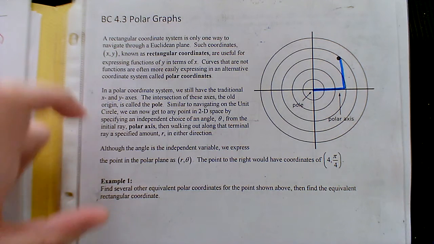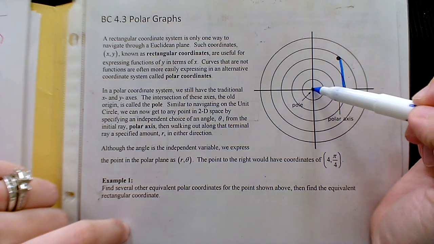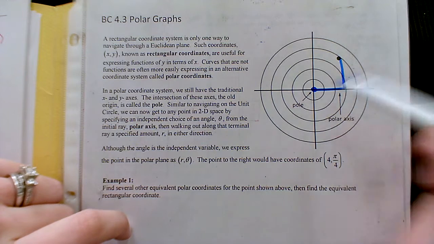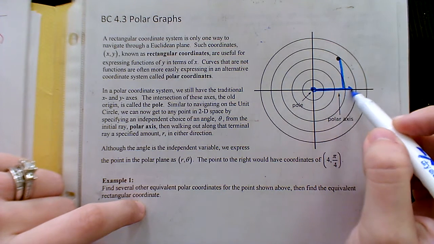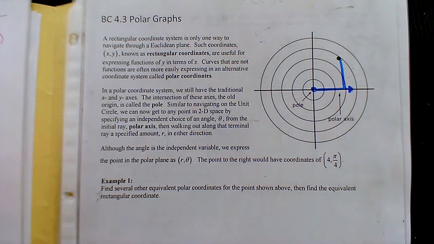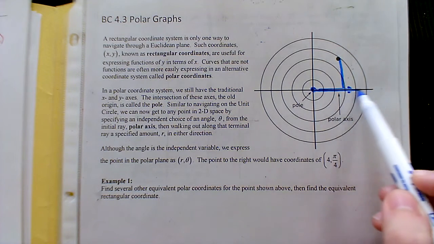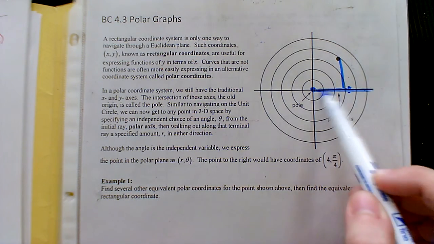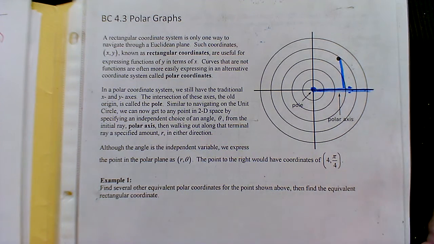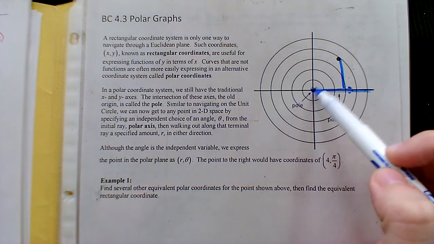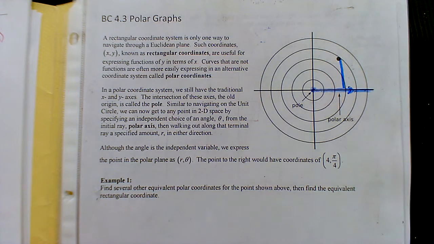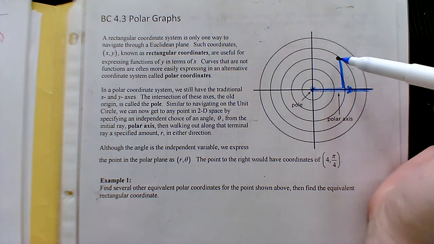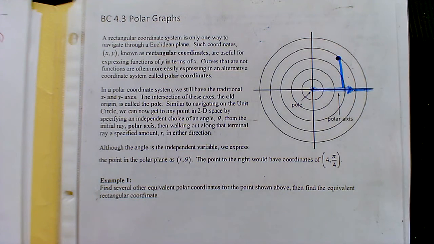So polar coordinates, I want you to imagine you're standing at the pole, which is kind of like the origin, and you're looking this way. You know how on a unit circle, this is kind of your starting side or your initial side? Imagine you're standing at the pole looking out that way, and you wanted to eventually get to this spot right there.